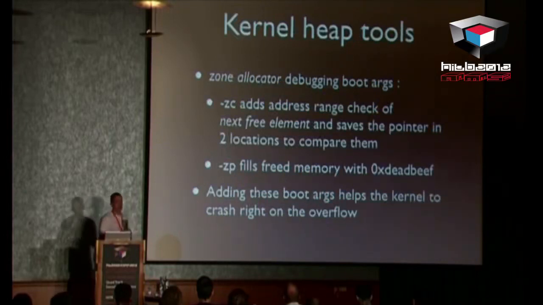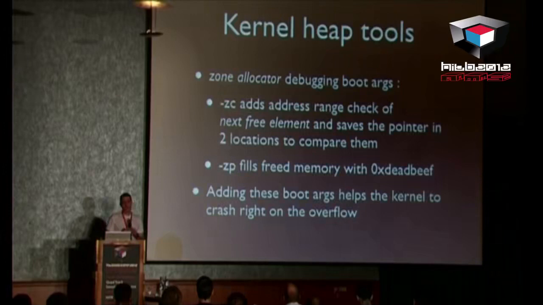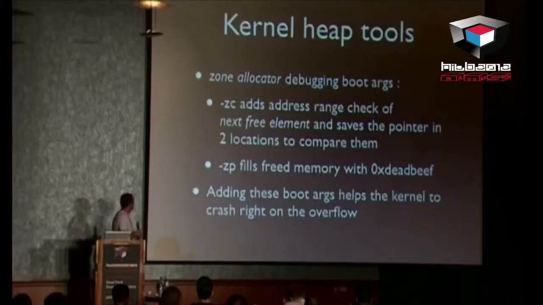What tools do we have to help us understand this memory corruption? Hopefully, the zone allocator has debugging boot args. If you add -zc to the boot args of the kernel, you get a special check done by a remove from zone, which is called by zalloc and zfree, to check if the next free element is in the address space of the kernel or not.